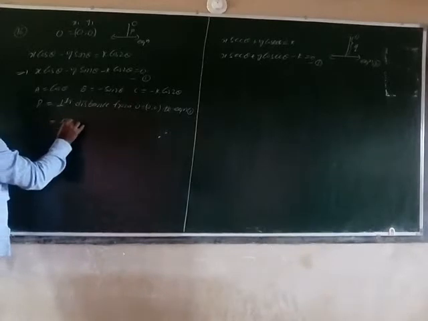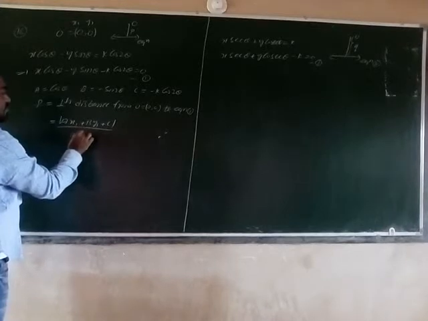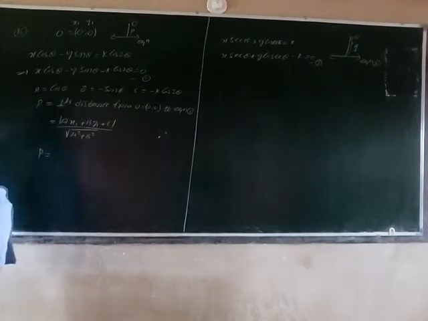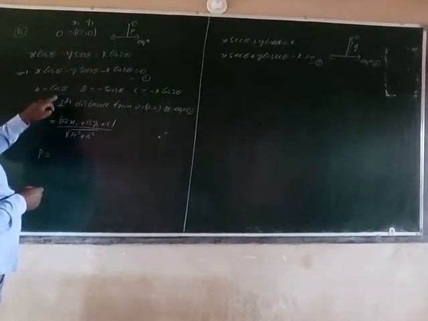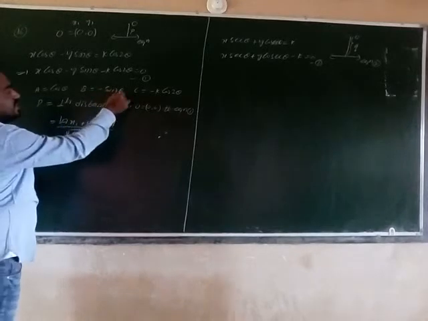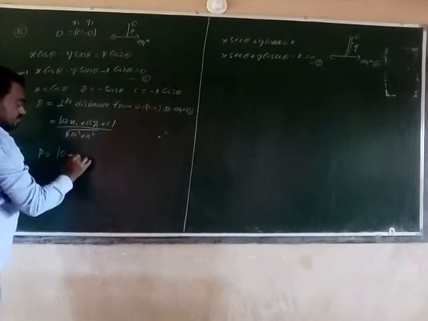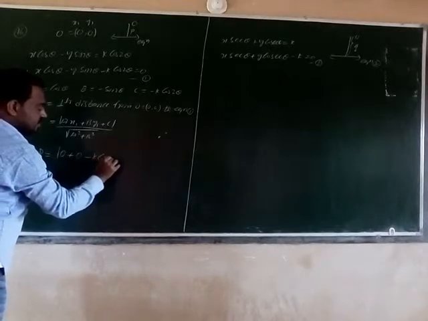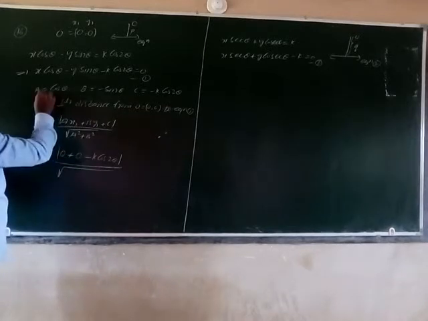By the formula, p equals mod of a x1, cos theta into 0, plus b y1, minus sin theta into 0, plus c, that is minus k cos 2 theta, by under root of a square plus b square.